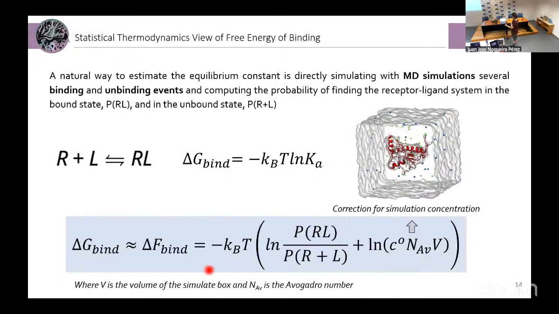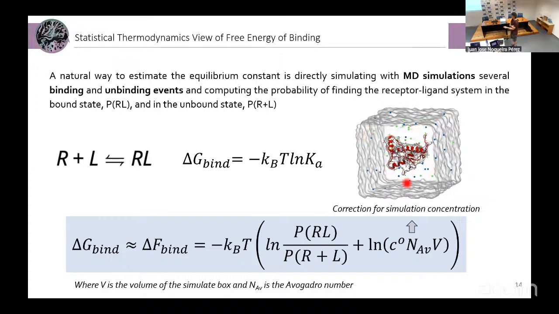This is what I was explaining to you here. Basically, from the ratio of the probability of the bound state with respect to the separate state, using this equation here, we can calculate the free energy of binding. Since we are at constant volume, the Helmholtz and the Gibbs can be approximated to be similar. The only thing that we should consider is that when we are doing MD simulations, we are defining a solvent box.